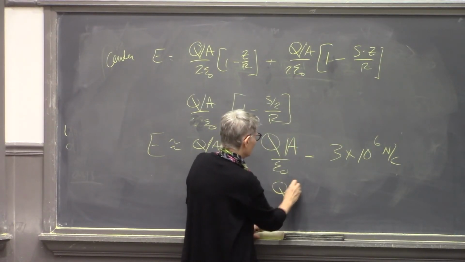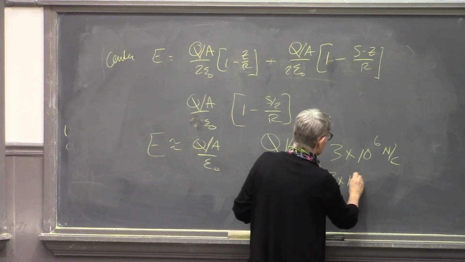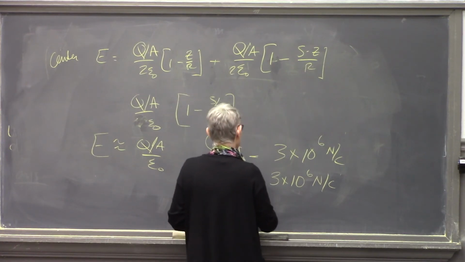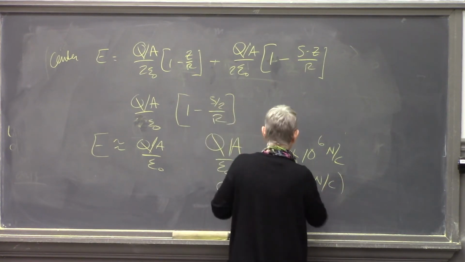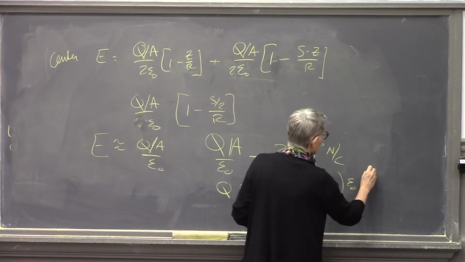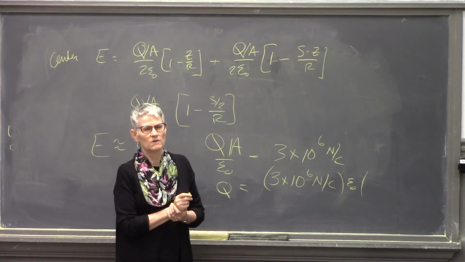And so Q is going to be 3 times 10 to the 6th newtons per coulomb times epsilon 0 times the area of one plate, which is what?